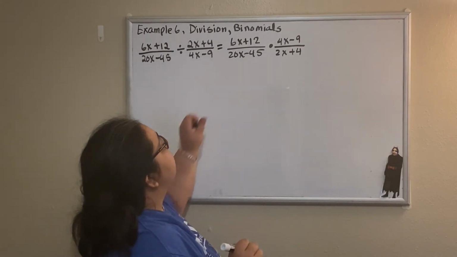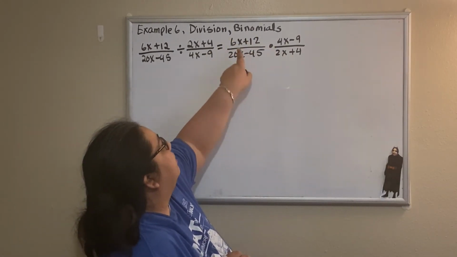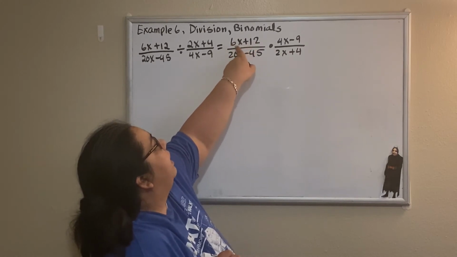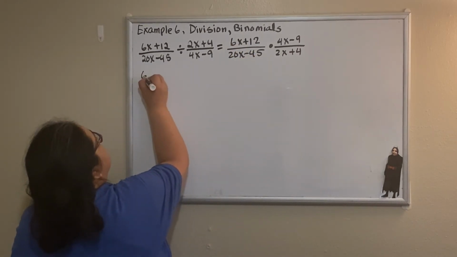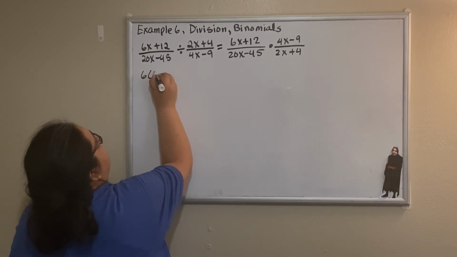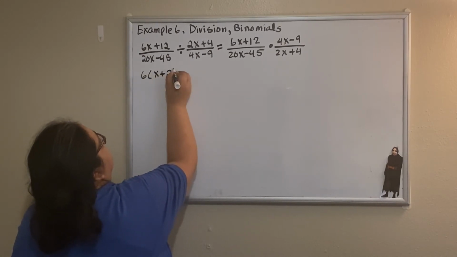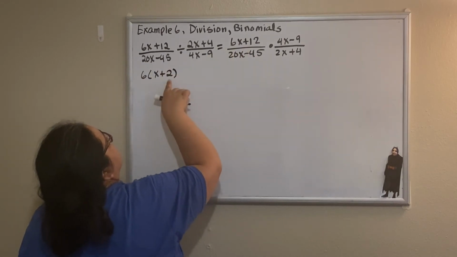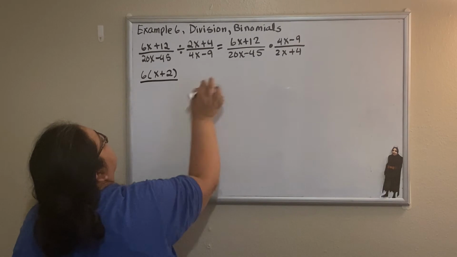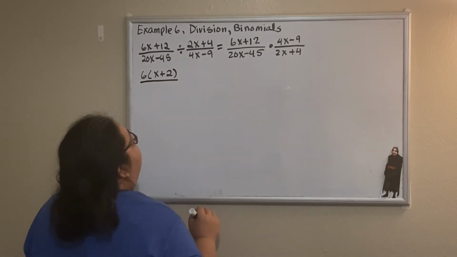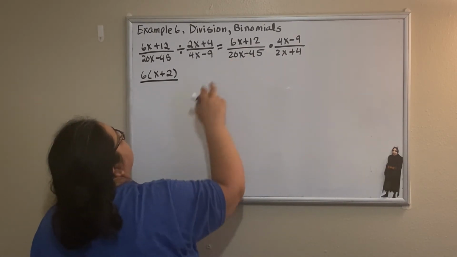And now we factor everything that's factorable. The first binomial, 6x plus 12, we can factor out a 6. So we're going to put 6, open parentheses, x plus 2, because 12 divided by 6 is 2, and 6x divided by 6 is just x. Over 20x minus 45, I can factor a 5 out of both of these terms.